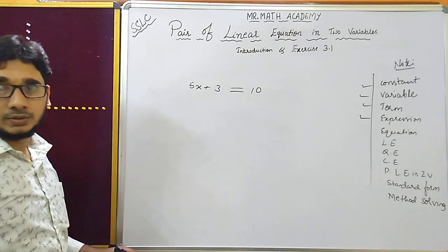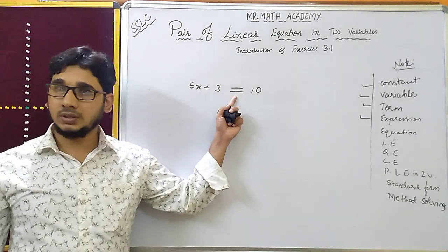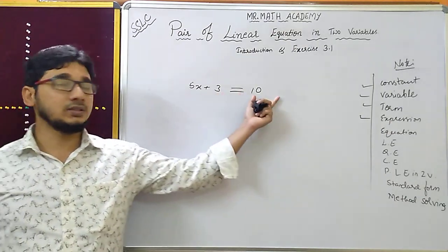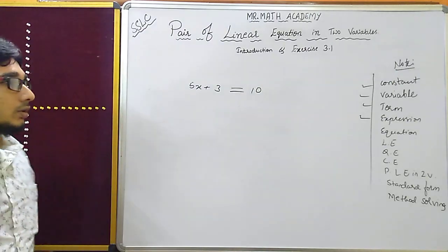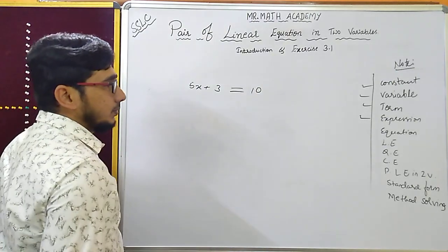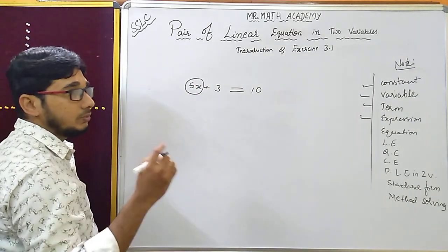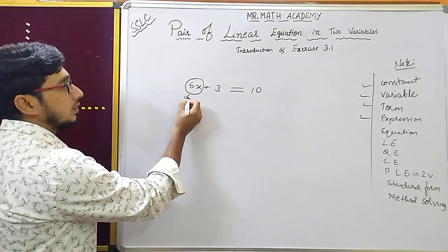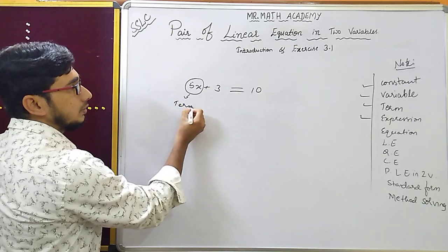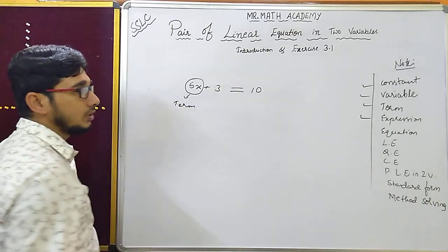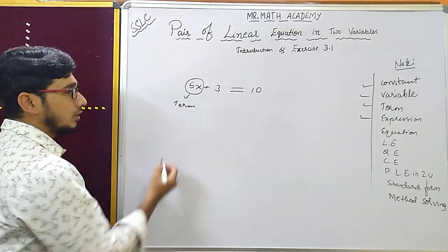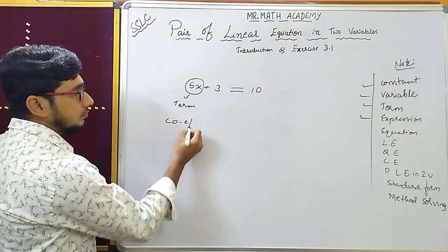This is an equation, because the equal to symbol is there, LHS is there and RHS is there. In this equation, this is a term. This is a constant. This is also a constant.